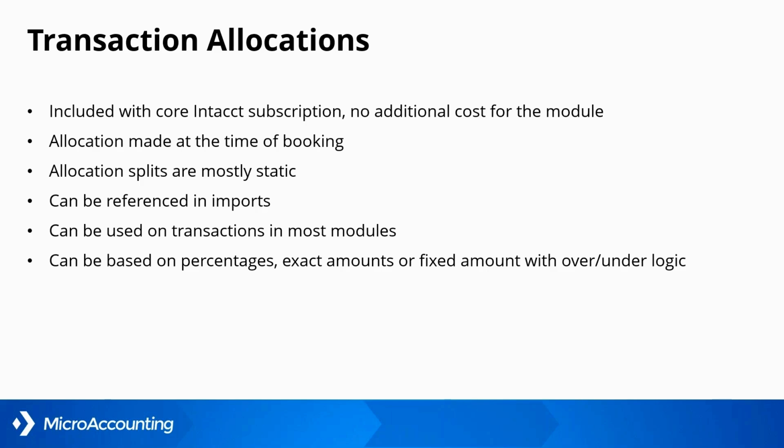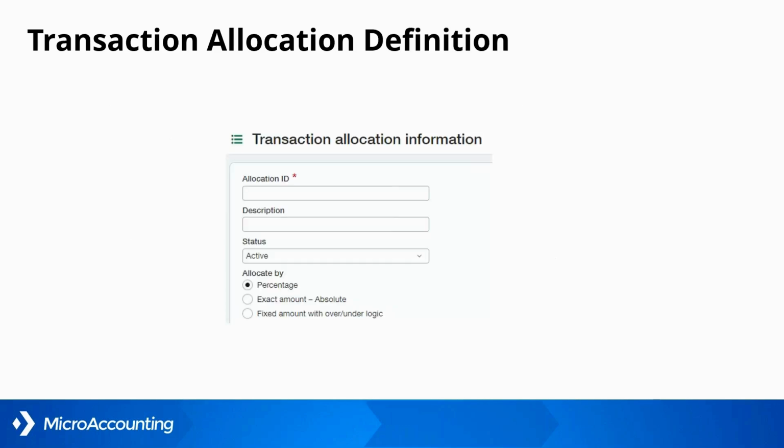They can be based on percentages, an exact amount, or a fixed amount with over-under logic. You can say they're going to be specific amounts, but if that bill is over or under the sum total of those fixed amounts, then what do you want to do with that over or under amount? Okay.